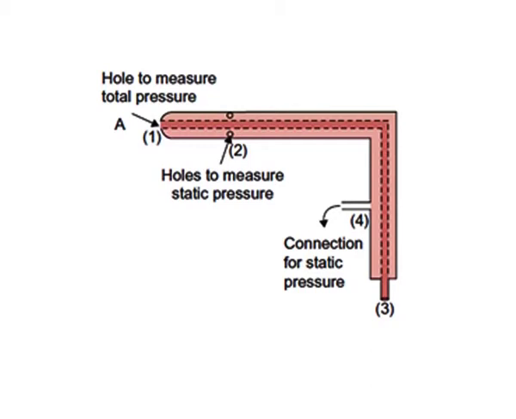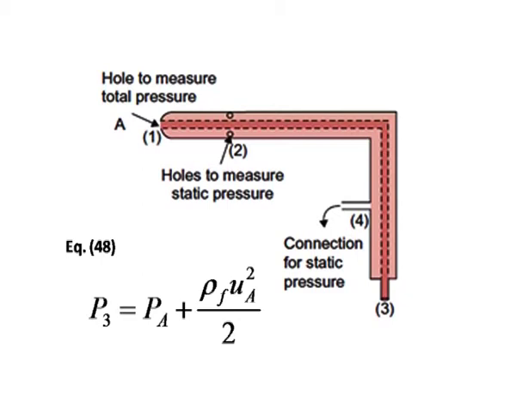If the pressure and velocity in the fluid at location A upstream of 1 are PA and UA, and the elevation difference between 1 and 3 is negligible, then P3 is equal to PA plus rho F UA square divided by 2. At location 2, the static pressure is measured.